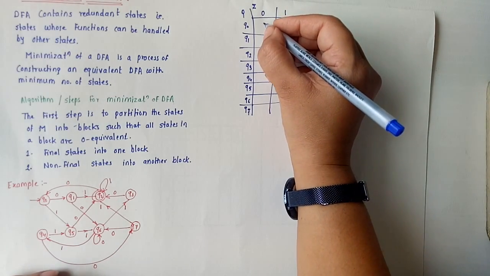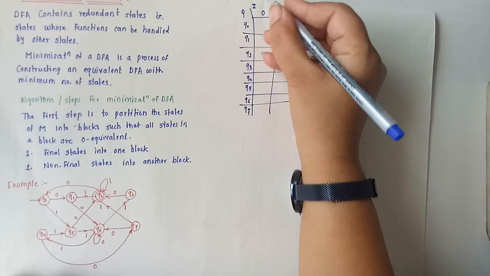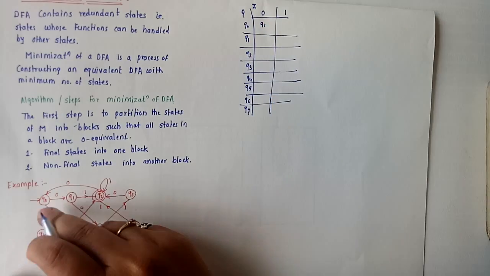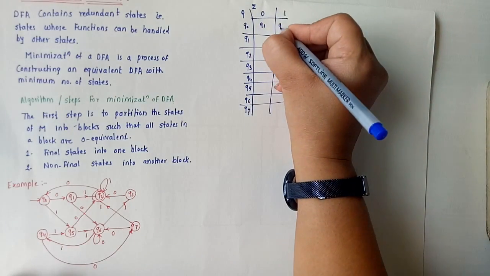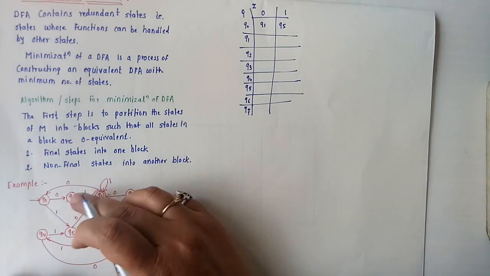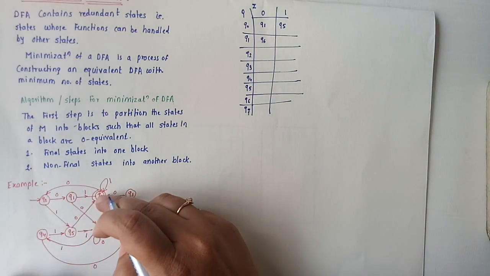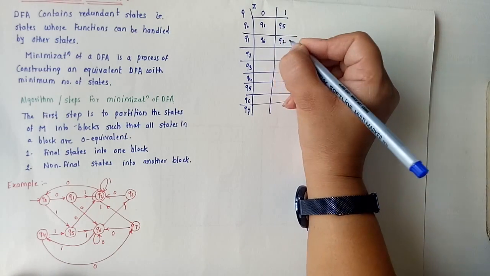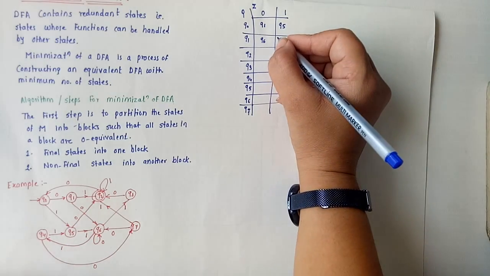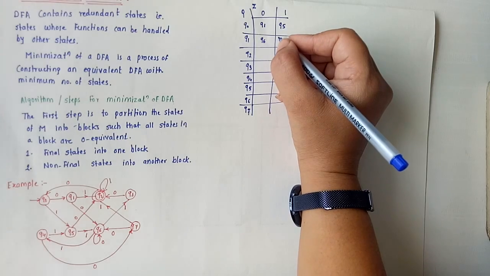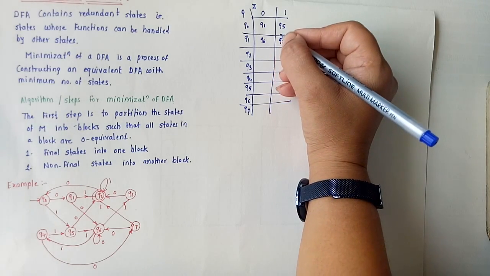Again, q0 on 0 goes to the q1 state, q0 on 1 goes to the q5 state, q1 on 0 goes to the q6 state, q1 on 1 goes to the q2 state. From this diagram we prepare the transition table.